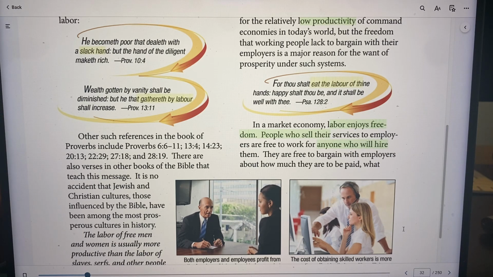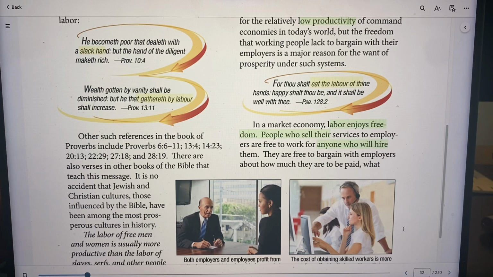In fact, the Christian and Jewish cultures are the most prosperous cultures in the world, and they're influenced by the Bible. The labor of free men and women is more productive than the labor of slaves, serfs, and others who are not free.